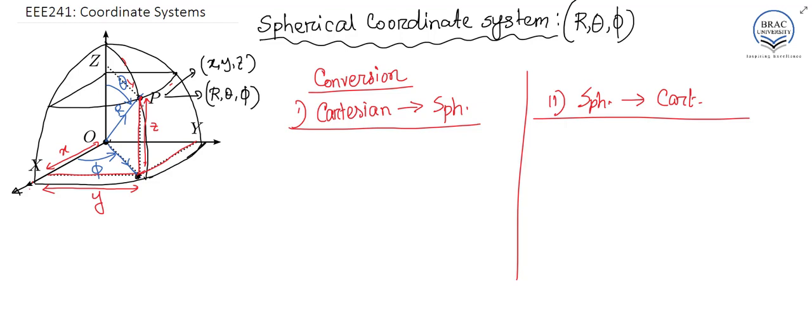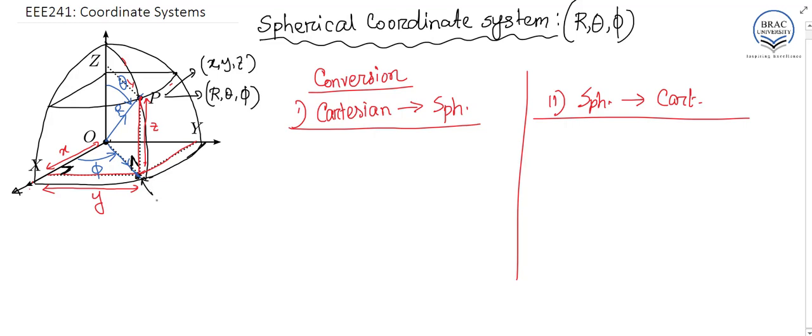So here in this picture, I have shown the x, y, and z coordinates in the red color, and the other color is denoting the spherical coordinates. Okay, if you remember, this is a right angle, right? And this is another right angle.